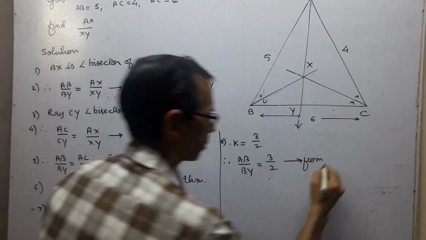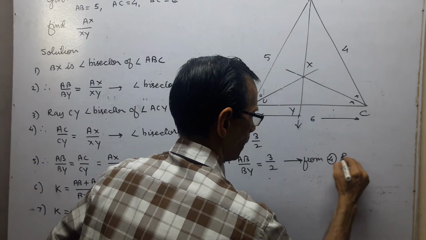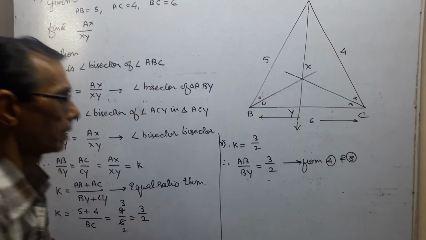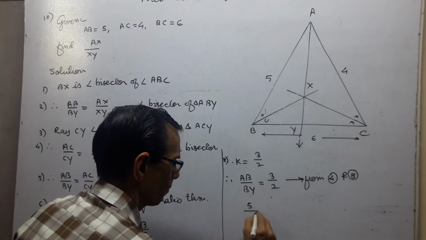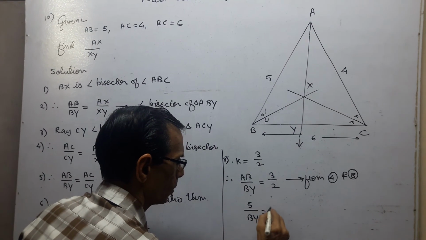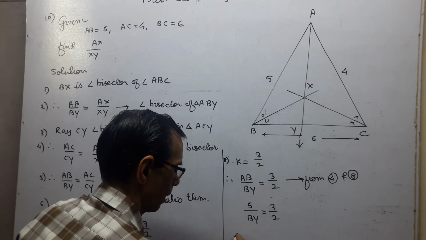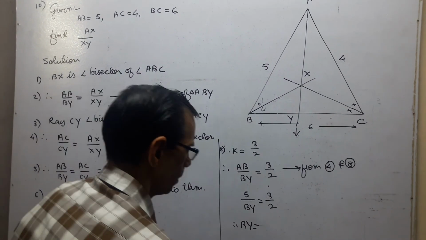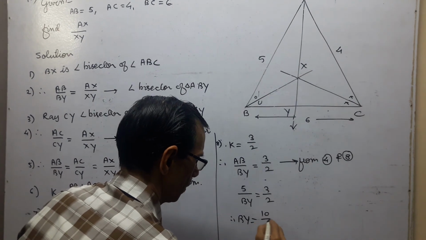But AB is given as 5, so 5 upon BY is equal to 3 upon 2, and therefore BY is equal to 10 upon 3.